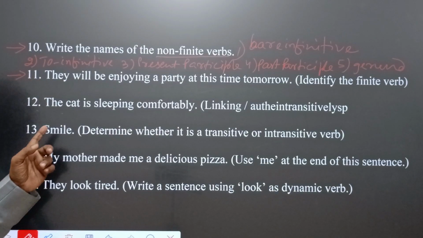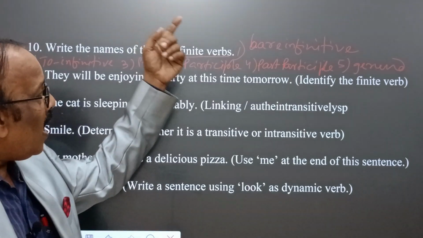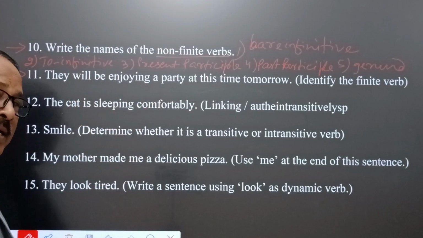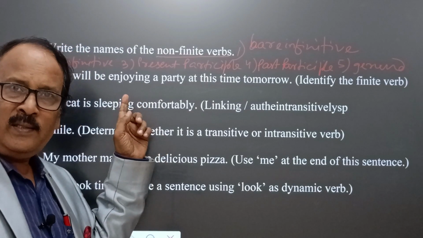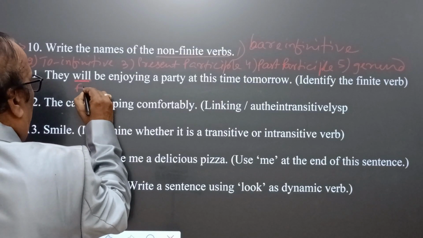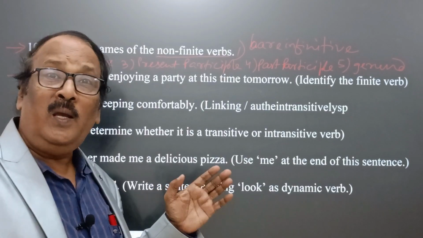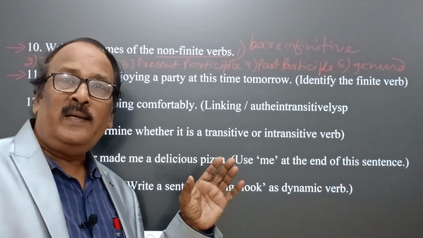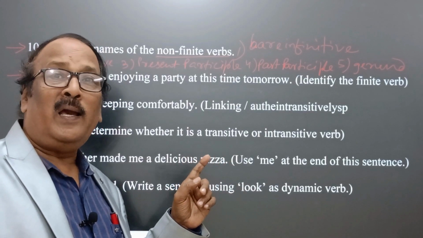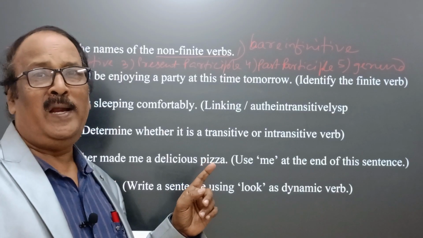11. They will be enjoying a party at this time tomorrow. Identify the finite verb. Will be enjoying is the verb phrase, and the first verb is the finite verb, and the other verbs are non-finite verbs. Remember, if a verb phrase is used in a sentence, the first verb carries tense, and therefore the first verb is the finite verb.